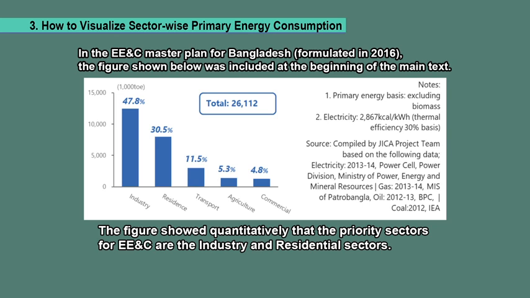The emphasized sector at the time of formulating the master plan was also industry. JICA later began a loan program for more than 30 billion yen for EE and C in the country, with industry as the main target. A master plan was prepared based on visualized primary energy consumption, leading to later incentives and loan program.